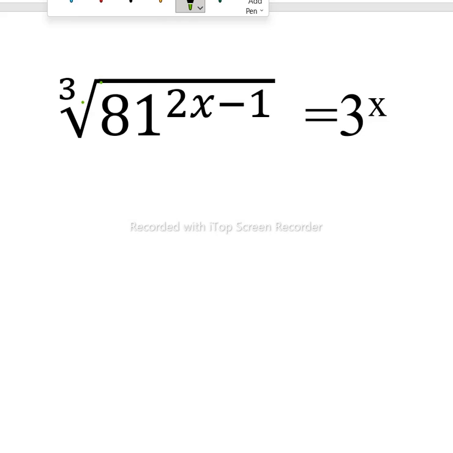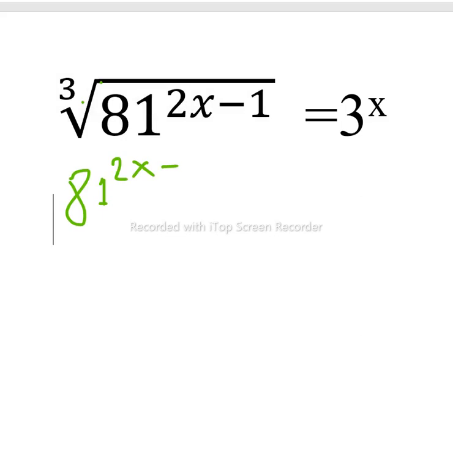As we know, the cube root is the power of 1 over 3, so we write 81 to the power of 2x minus 1, all to the power of 1 over 3, which is equal to 3 to the power of x. We write the right side as it is.